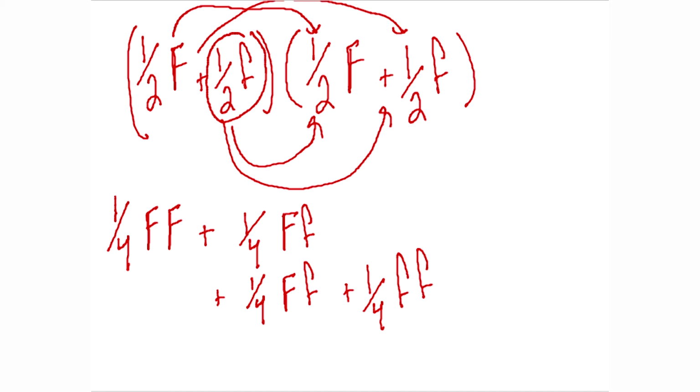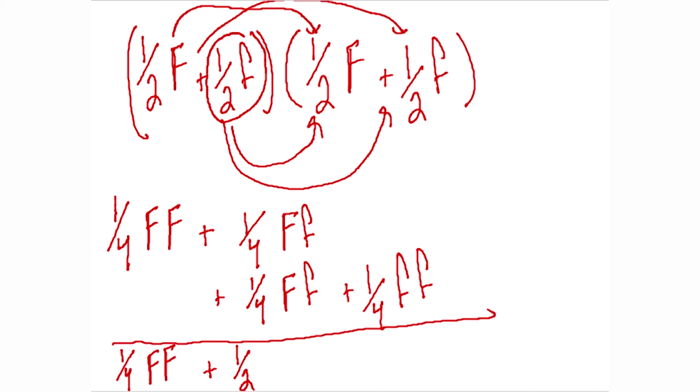Adding the terms together gives me 1/4 big F, which of course would have freckles, plus 1/2 big F, little f, which as well would have freckles, plus 1/4 little f, little f.